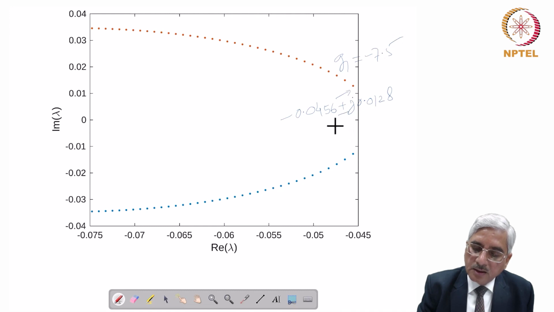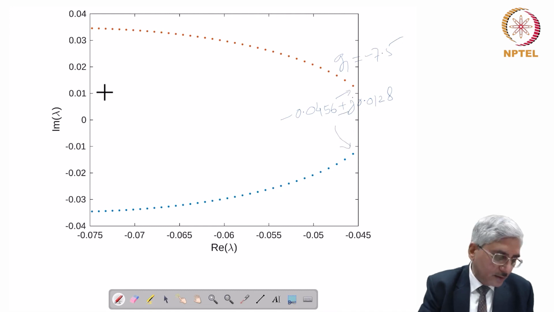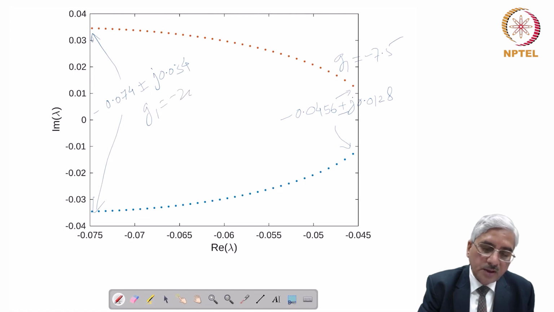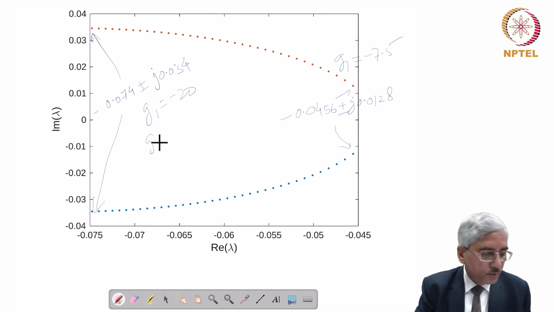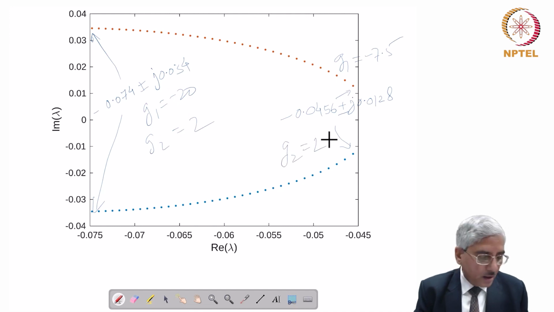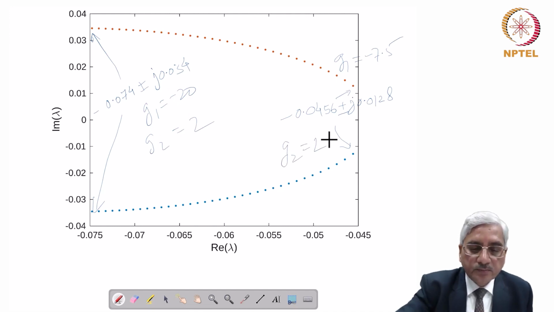This is correspondingly the negative counterpart of that, and this side is 0.074 plus minus j0.34, this and this one. This is for G1 equal to -20 and G2 equal to 2 in both the cases. So we obtain this one.